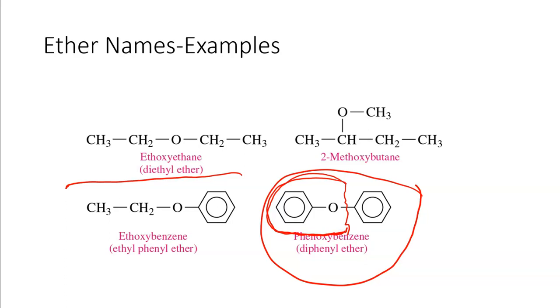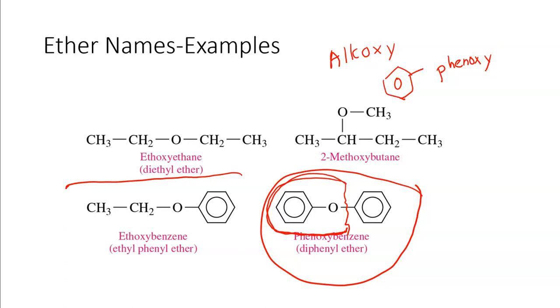Now, because in the alkoxy group explanation, I mentioned if there is one carbon, it's methoxy, ethoxy, propoxy, like that. If there is a benzene ring, you need to say it as phenoxy.